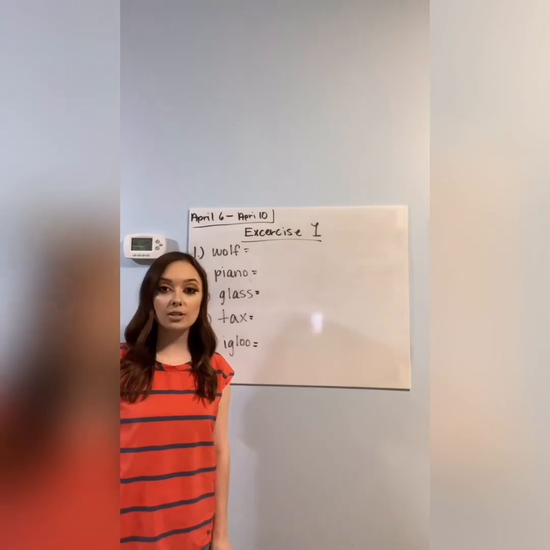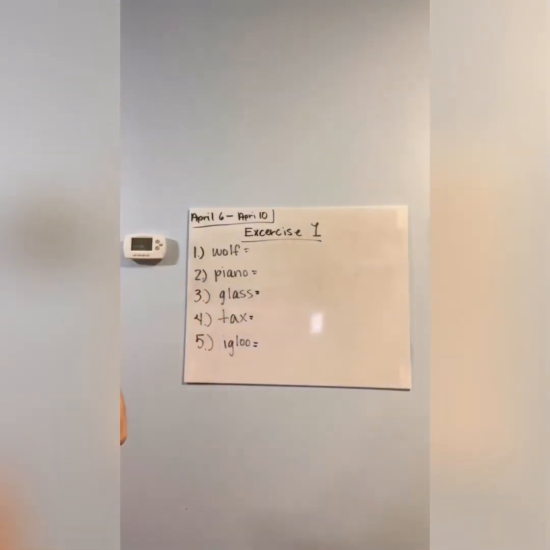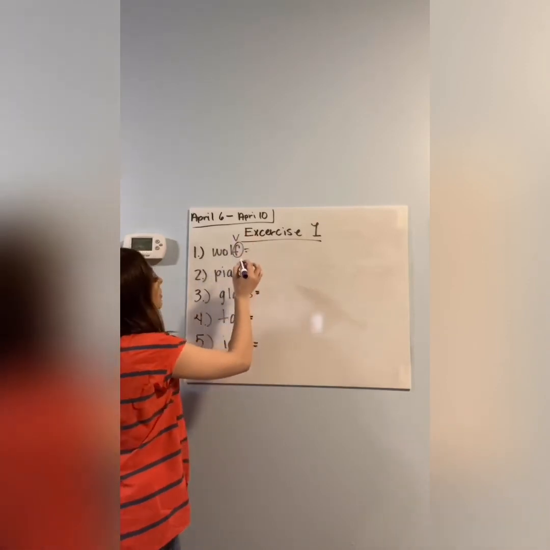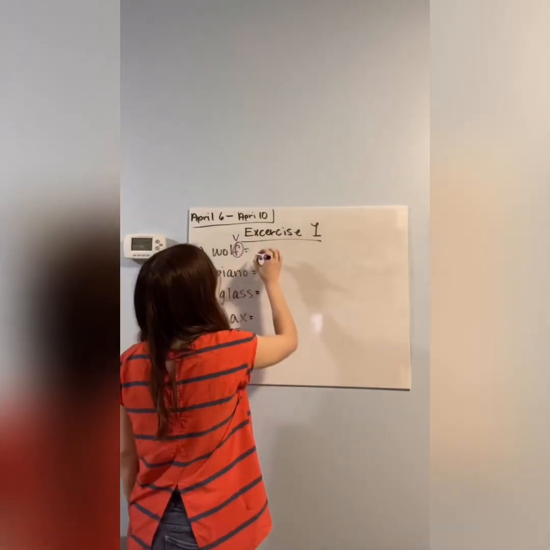Okay, so the first word we're going to look at is the word wolf. If you look at the word wolf, you can see that it's a word that ends with a vowel plus an LF. Since the word ends with a vowel followed by an LF, we would change this F to a V, and then we would add an ES to make the word plural.